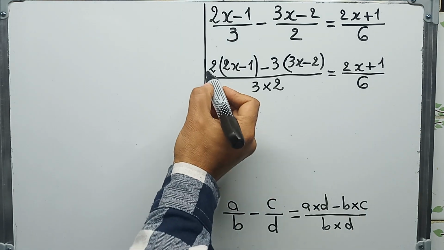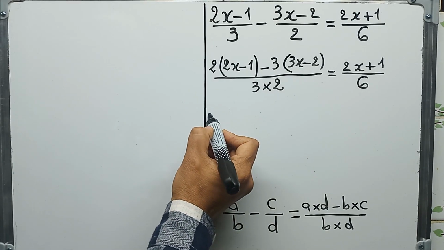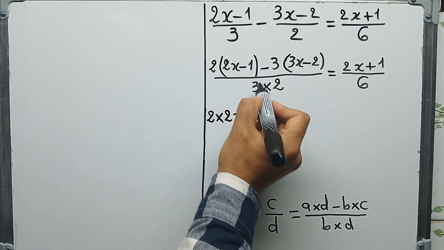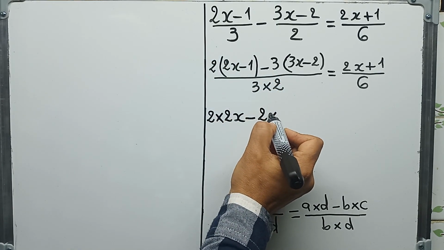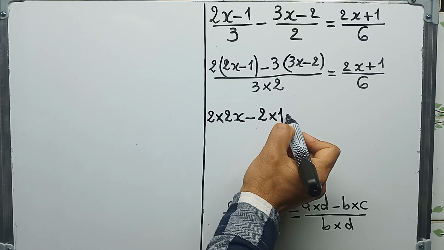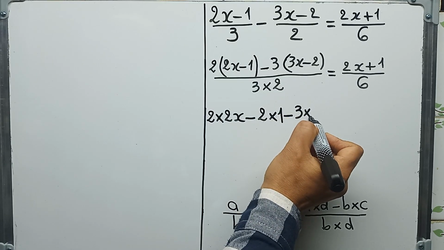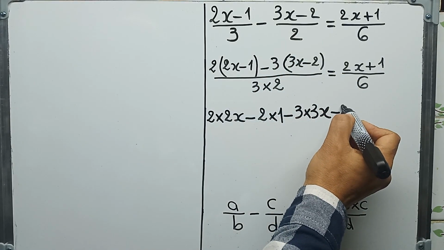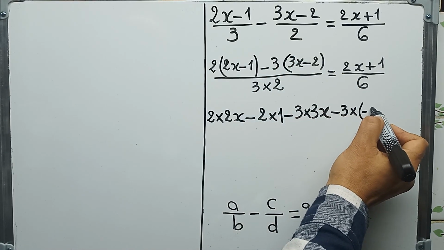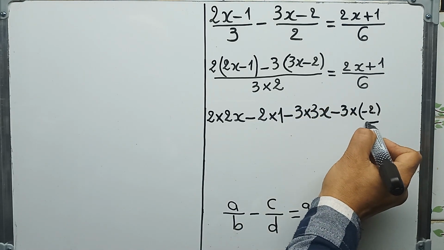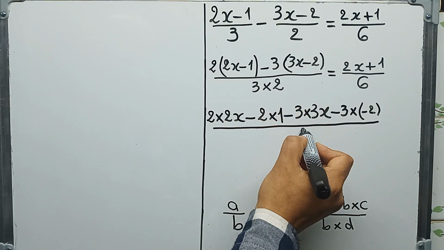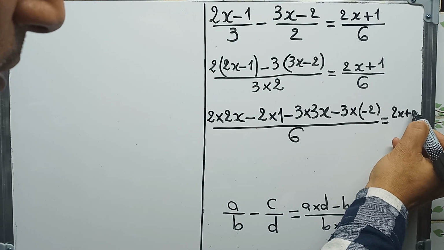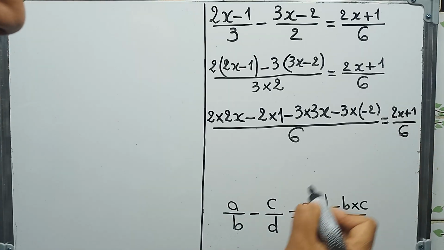Now we distribute, like the previous example: 2 times 2x, minus 2 times 1, minus 3 times 3x, and finally minus 3 times minus 2, over 3 times 2 is 6, equals (2x plus 1) over 6.